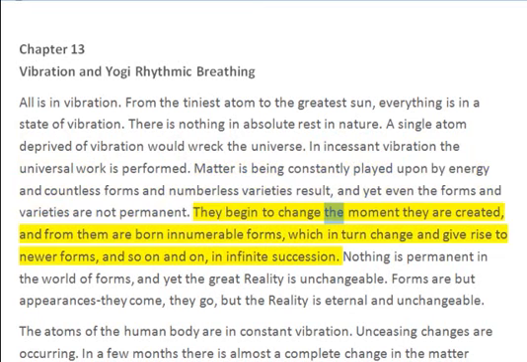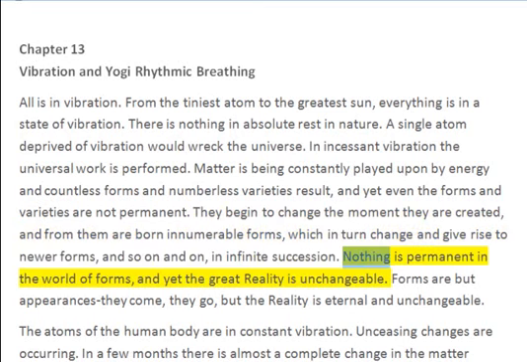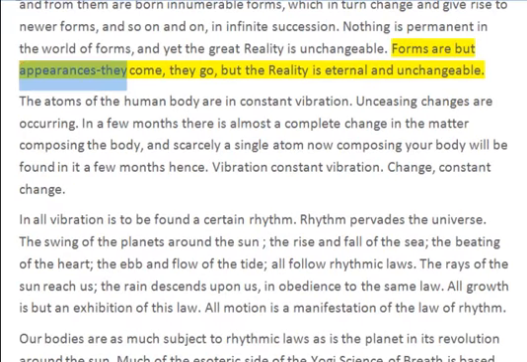They begin to change the moment they are created, and from them are born innumerable forms, which in turn change and give rise to newer forms, and so on, in infinite succession. Nothing is permanent in the world of forms, and yet the great reality is unchangeable. Forms are but appearances, they come, they go, but the reality is eternal and unchangeable.